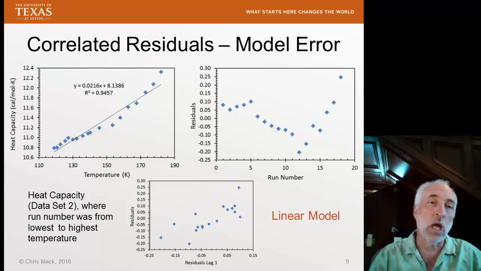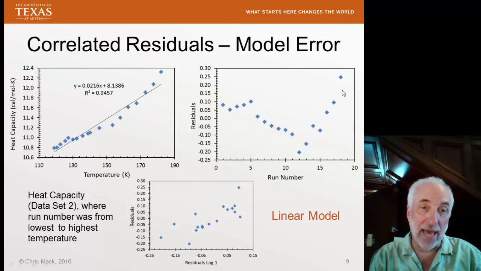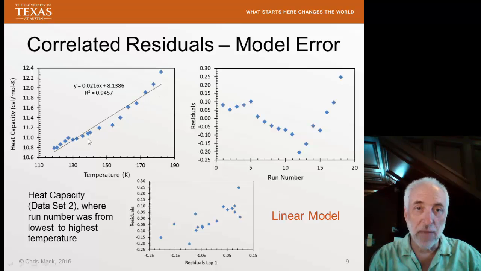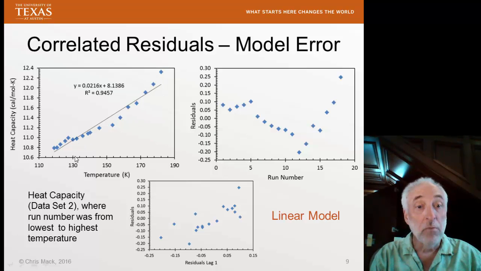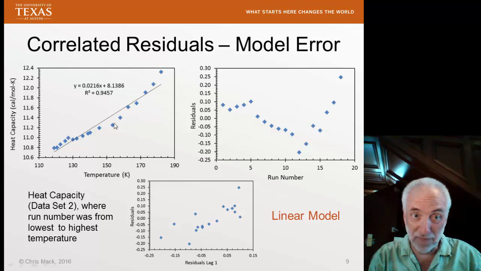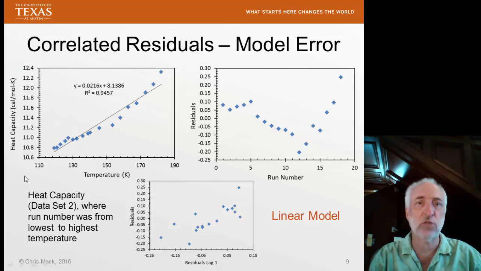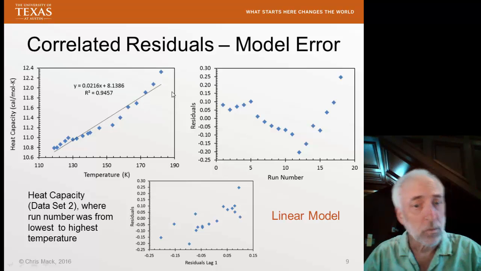If I tried to model that as a linear model, well, I actually see some systematic variation in the residuals because of model error, right? Maybe if I look at it, a second order would be a better model. But let's say I fit it with a first order model, a linear model.